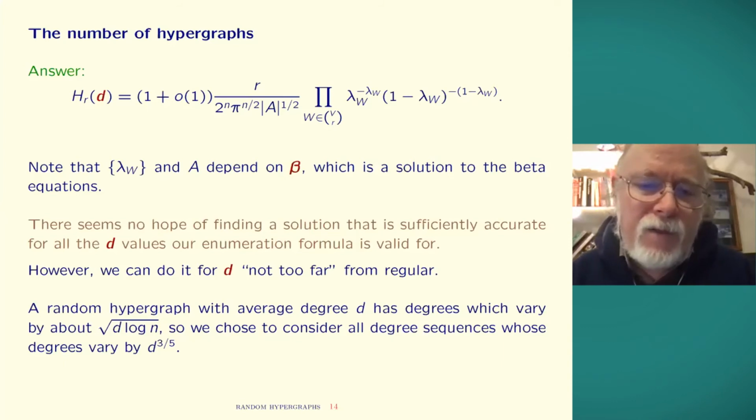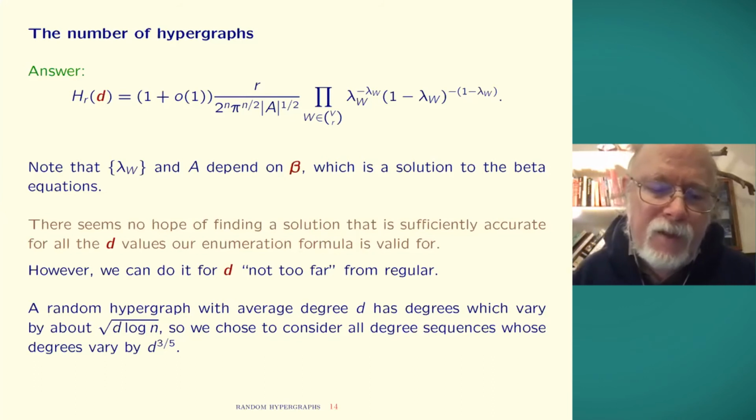And what happens for a random hypergraph is the degrees vary from each other by about the square root of d times log n. So if we set our limit of variation to be a power of d that's a little bit more than d to the 1/2, we will capture all interesting degree sequences. And we set our limit to d to the 3/5.